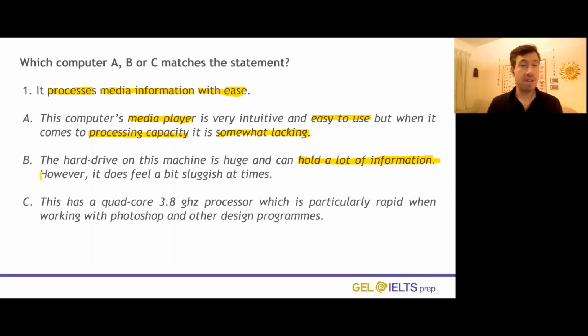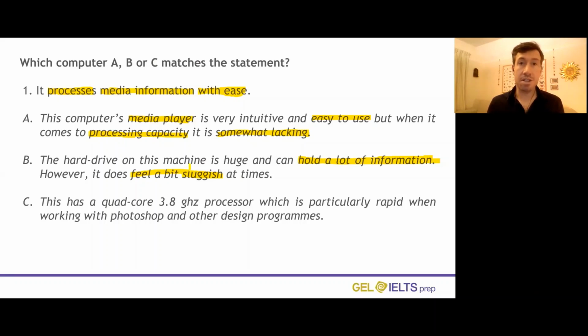Then if we continue that sentence, it says, however, it does feel a bit sluggish at times. Sluggish means it is slow, a bit slow. So that's the opposite of process information with ease. So this sentence again is not correct and it contains distractors.